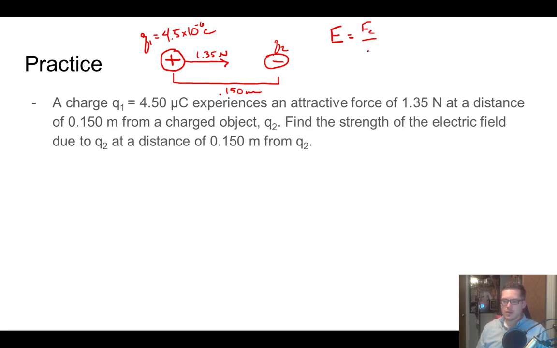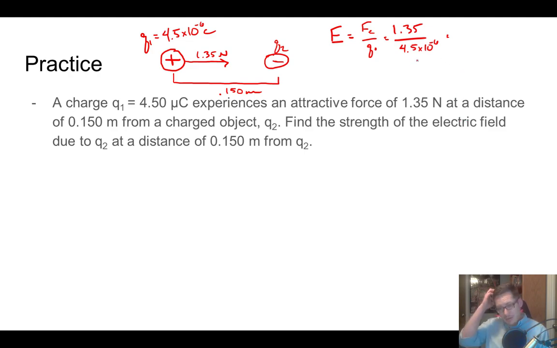So our Fe over Q naught, all right? Okay, so our Fe value is 1.35, and then our Q naught was the 4.5 times 10 to the minus 6th. All right, so we take our 1.35 divided by 4.5 e to the minus 6th, and we get 300,000.